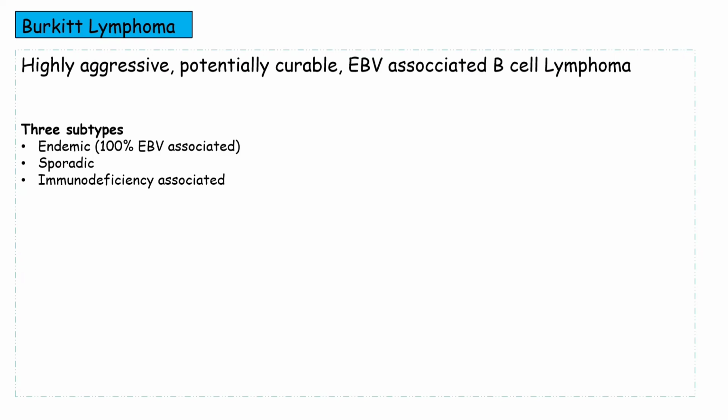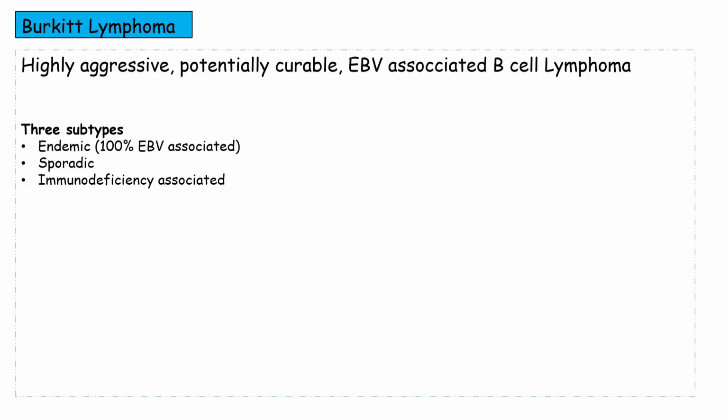Then comes the sporadic, which usually affects the abdominal cavity, and then is the HIV infected, immune deficiency associated, seen in HIV infected individuals. While the endemic subtype is 100% associated with EBV infection, the sporadic and immune deficiency associated Burkitt's lymphoma show 20 to 40% association with EBV.